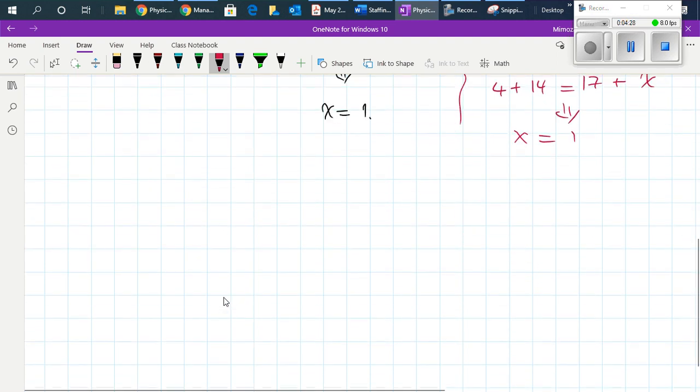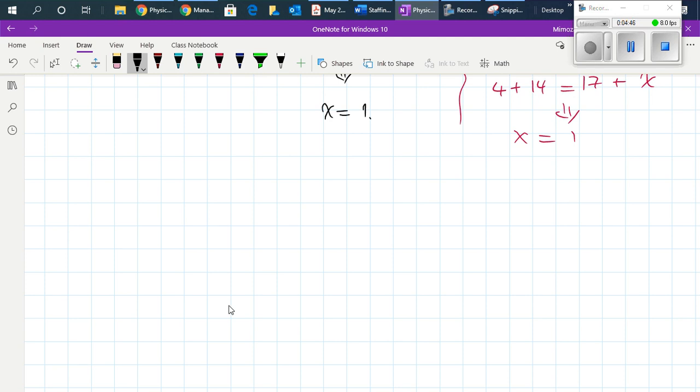So let's see another example. An alpha particle is striking aluminum-27. As a result, a new nucleus is produced, and a neutron is produced as well.